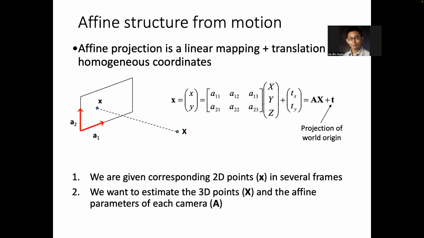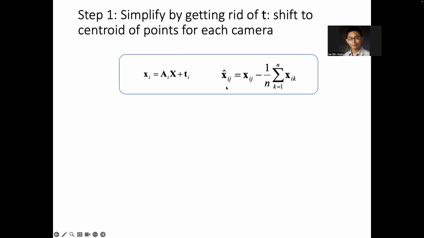All right. So the first step to solve this is that we find that it's kind of annoying to have this tx, ty for all the points. But fortunately, if you take out the mean, for each frame, if you take all the points and subtract the mean, make them zero mean, it turns out it will get rid of this t.